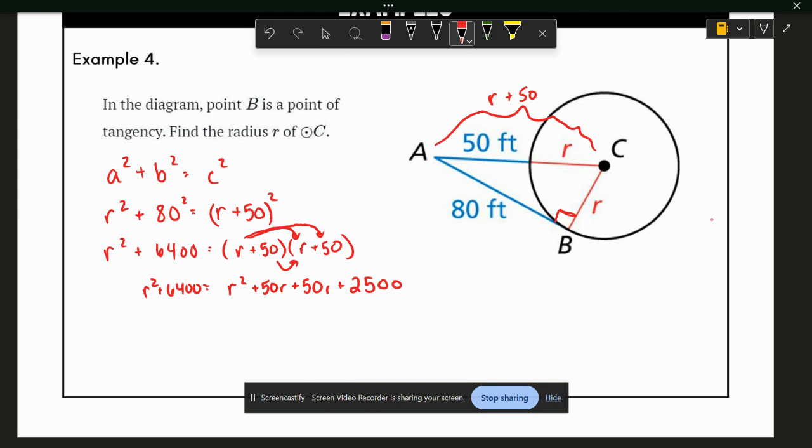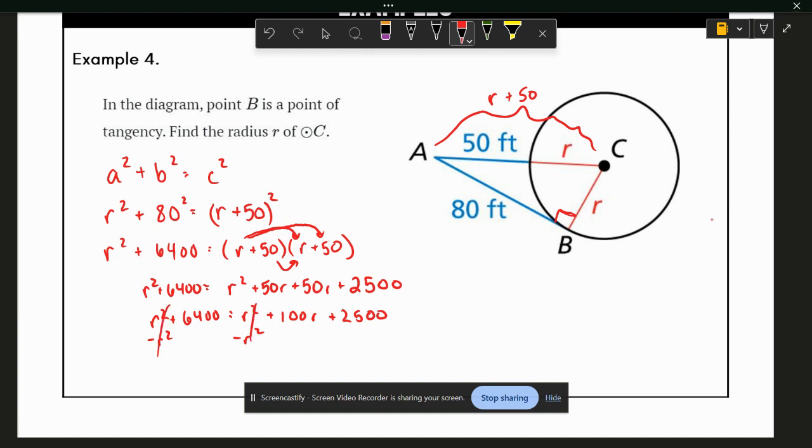I'm going to combine my terms: r squared plus 6,400 equals r squared plus 100r plus 2,500. Then I want to start moving things so I can just get r. If I subtract r squared from both sides, those will cancel.